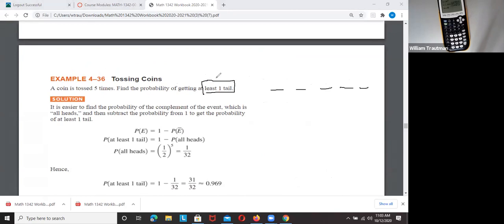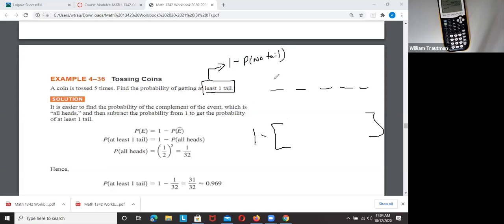Do you see at least 1 tail? It's hard to do that probability. When you see at least 1, know that it's the same thing as 1 minus the probability of no tail. At least 1 means the same thing as 1 minus the probability of no tail.